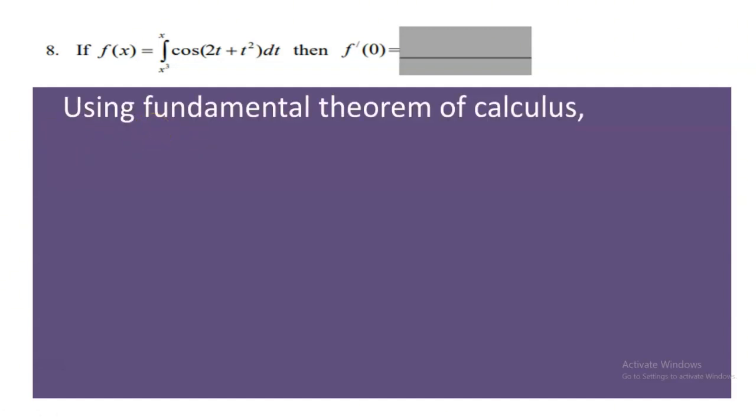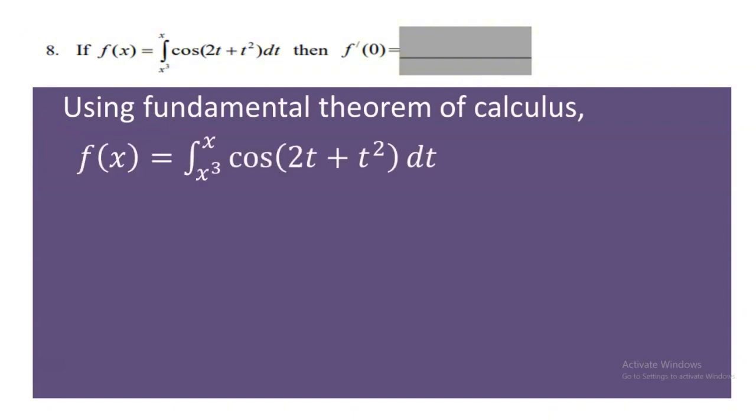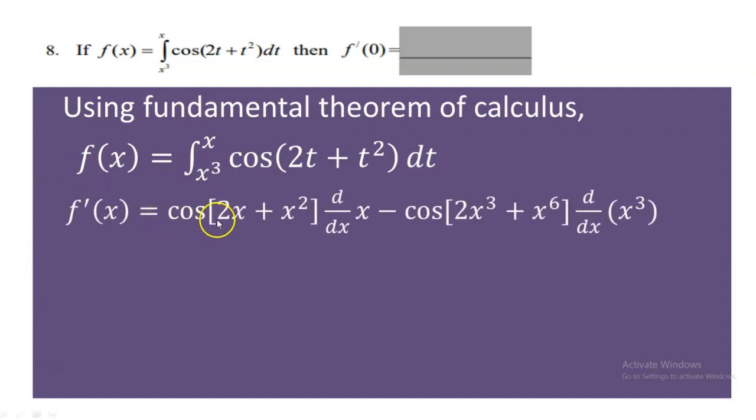Using the fundamental theorem of calculus, you see that if f of x is given by this, the derivative of this can easily be obtained by using this. F derivative at x is going to be, look, as you are differentiating this, derivative and integration are opposite to each other, so one can cancel the other. So the integrand expression is going to come as it is.